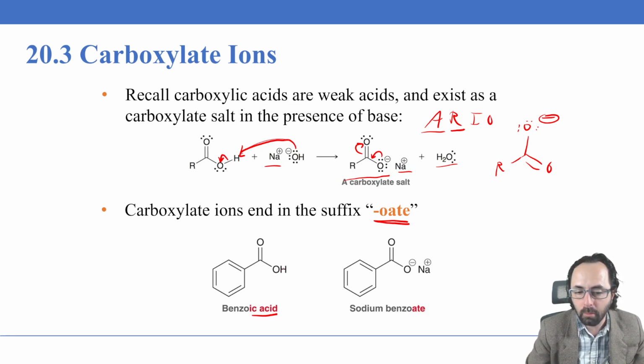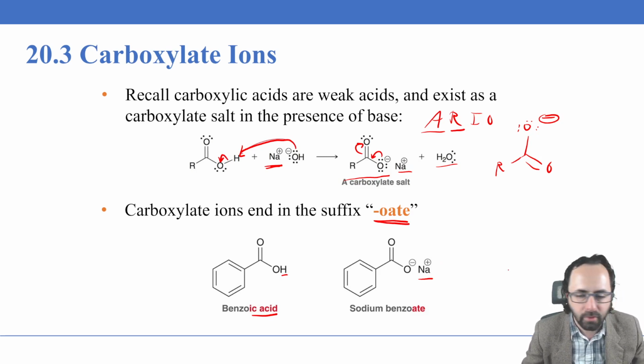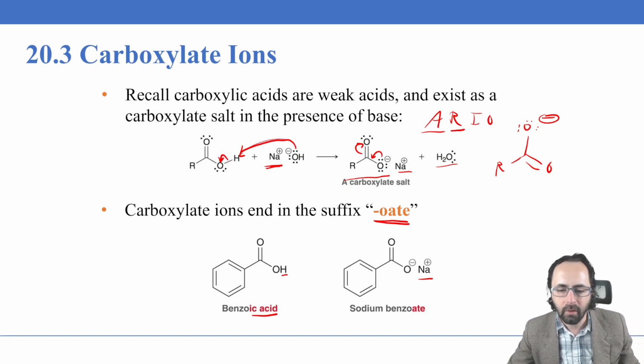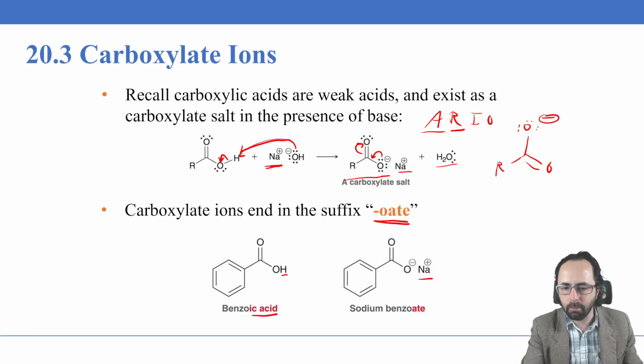If you turn it to a carboxylic acid salt, you're deprotonating the hydrogen, and you'll have a salt containing the positive ion. If you use sodium hydroxide, let's say, to deprotonate it, you would get a sodium ion. And this is referred to as sodium benzoate, and that's a name you might have heard before because it's a very common preservative in foods. So this is a name you might have seen before.